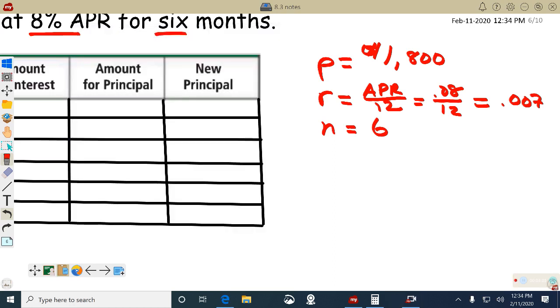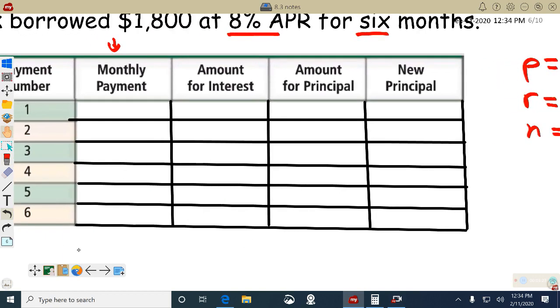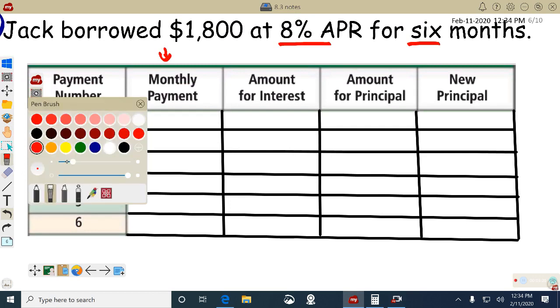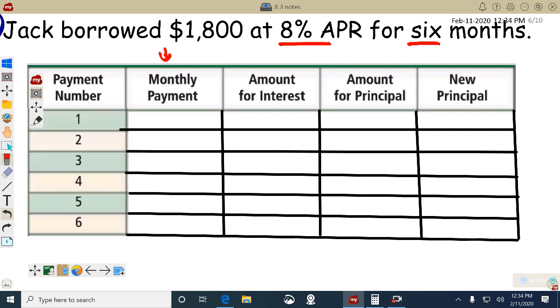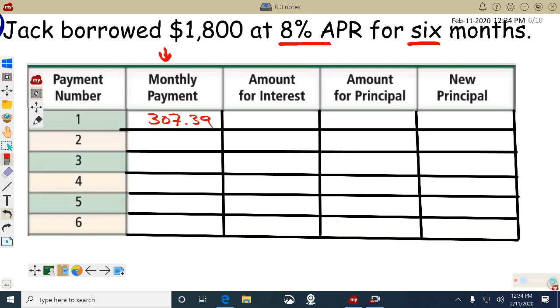$307.39. Write that in with me now. $307.39 on the monthly payment column here. So do it with me. Go and write $307.39. But let's do it for all 6 months. Go and write $307.39.